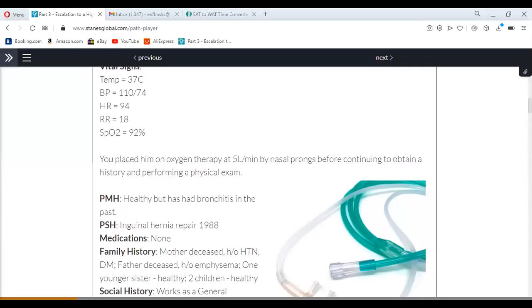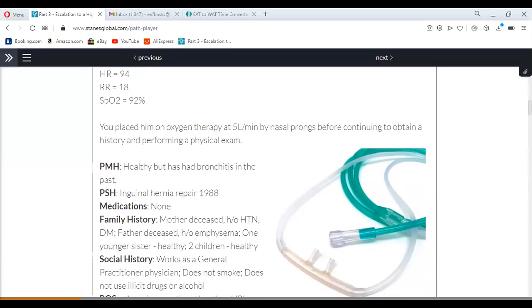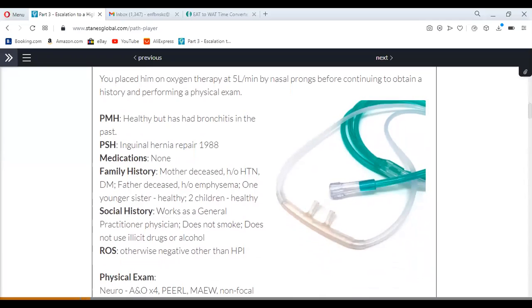And in the past medical history, you found out that he was healthy but has had bronchitis in the past. In the past surgical history, he had an internal hernia repair in 1988.